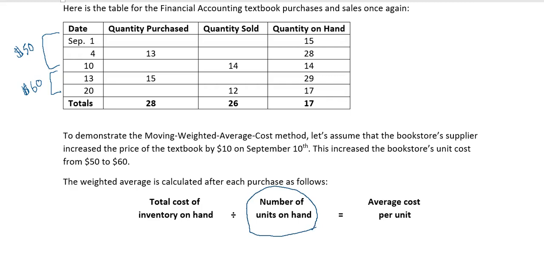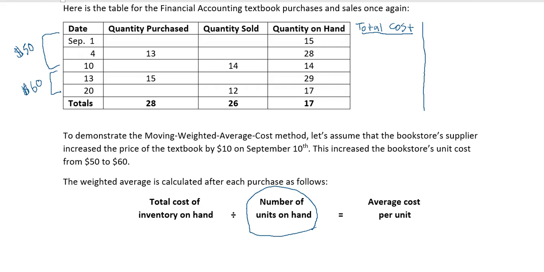So we have that already. It's taken care of. But we don't have total cost of inventory on hand. So I'll add another column here and label it total cost. And maybe I'll draw a line across like this and a line down. Doesn't have to be too neat, just as long as you can follow what you're doing.